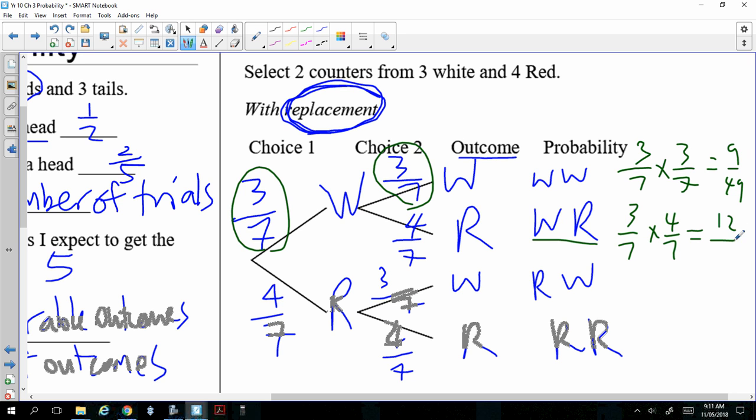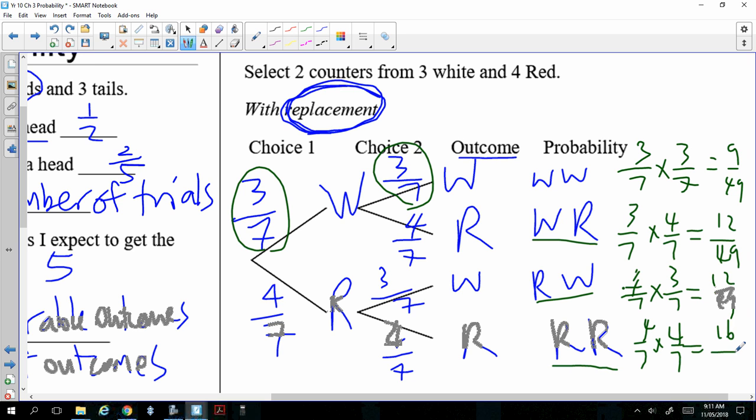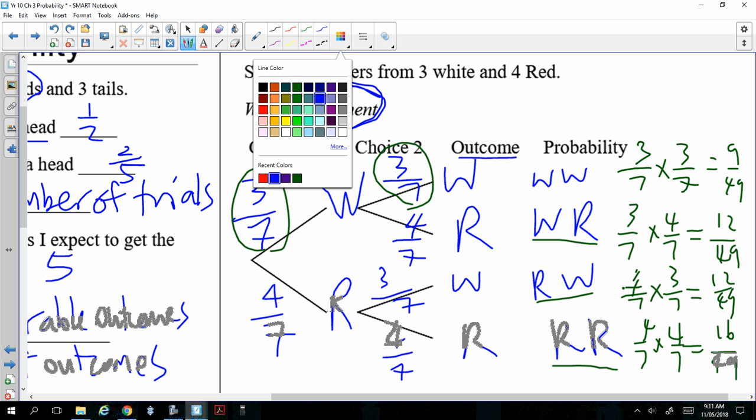And to work out RW, you do 4 out of 7 times 3 out of 7, which is 12 over 49. And then to work out RR, you do 4 out of 7 times 4 out of 7, which is 16 out of 49. Okay, so that's how the probability tree diagram works, by giving you the probability of each outcome.